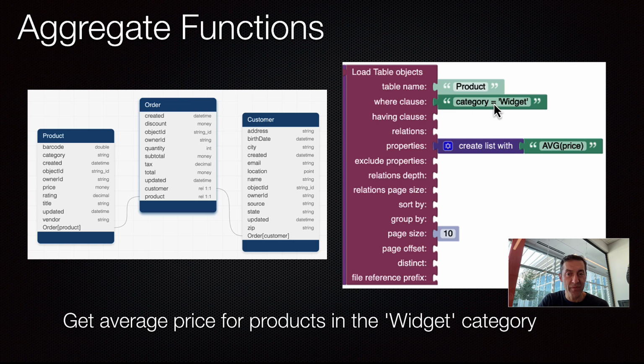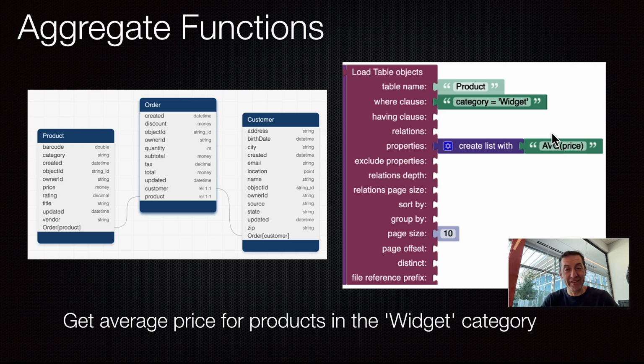The where clause, you recognize, is category equals widget, so we're referencing this column category, and we're saying, okay, for all the products, since the query goes to the product table, identify all the records where category is widget, and then for those records, calculate the average price. And then this will be the query that will return the value of the average price for a product.